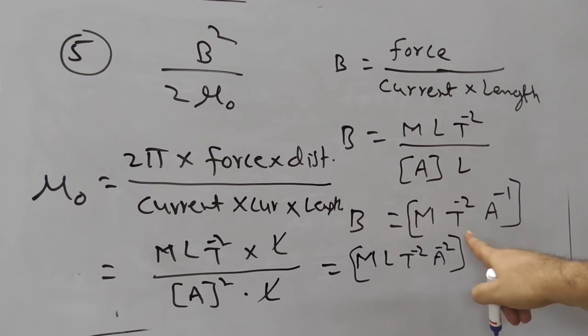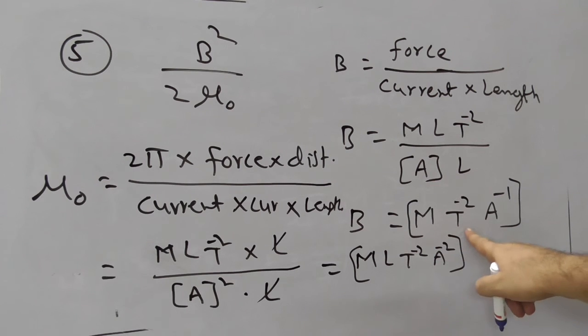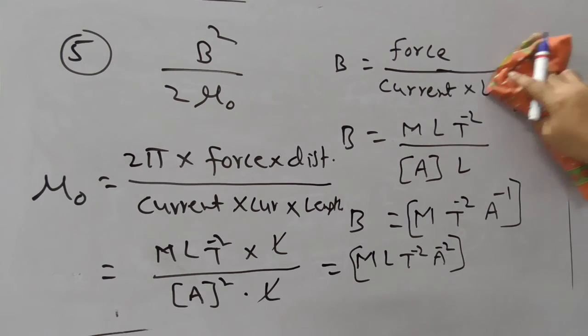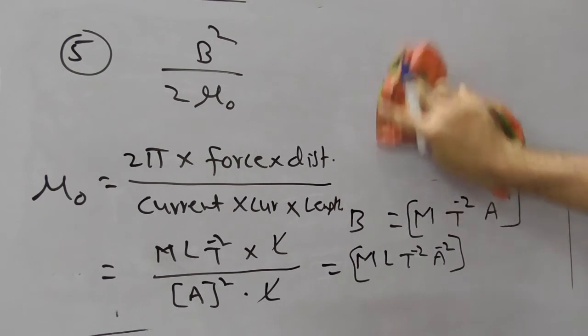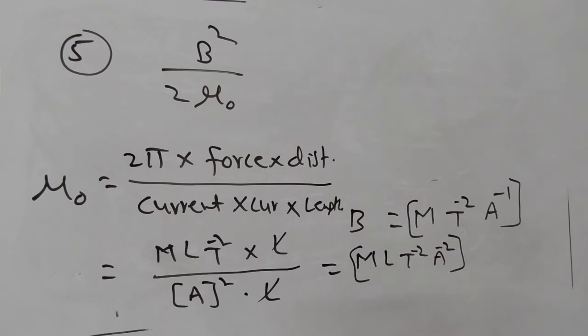For B, it is M T minus 2 A minus 1. Now simply substitute all these and you get the answer. So this question is directly from the table. I think this is a mains question.